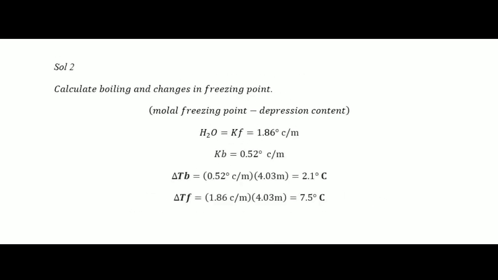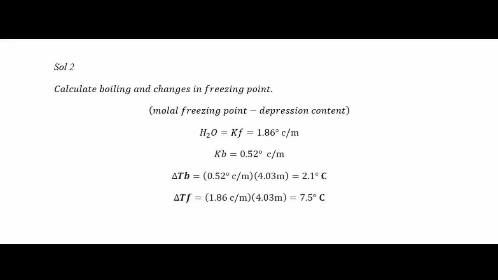Then second is to calculate the boiling point and freezing point change. The freezing point constant of water is 1.86 degrees per molality, and the boiling point constant is 0.52 degrees per molality.